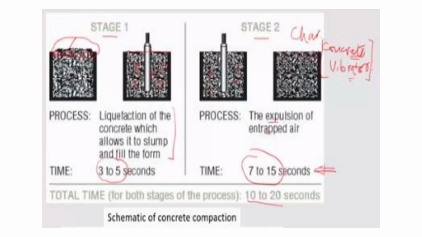Okay, so it generally takes around 7 to 15 seconds. So if we combine both, okay, the liquefaction and expulsion process, it will take from 10 to 20 seconds, okay, for both stages of the process to get completed, okay. So this is a schematic representation of the concrete compaction in both the stages, as you can see here.